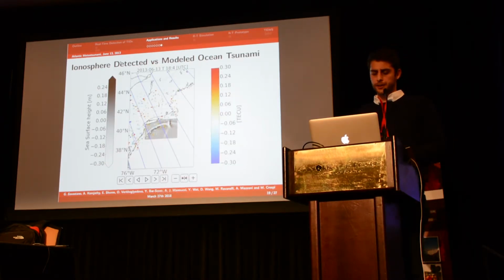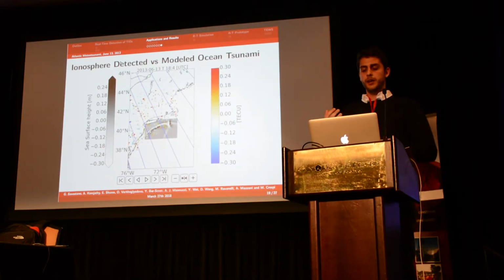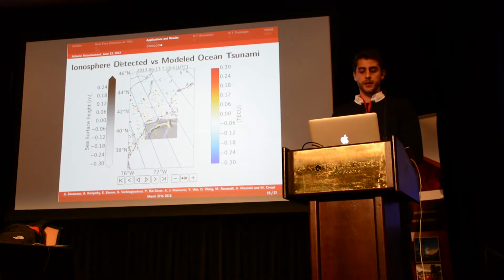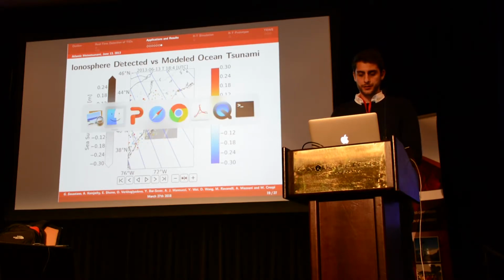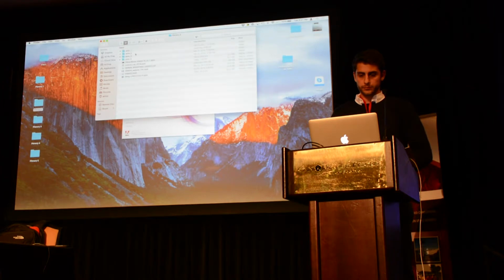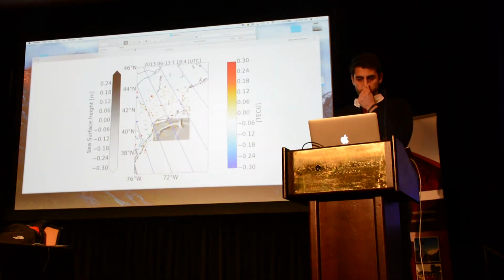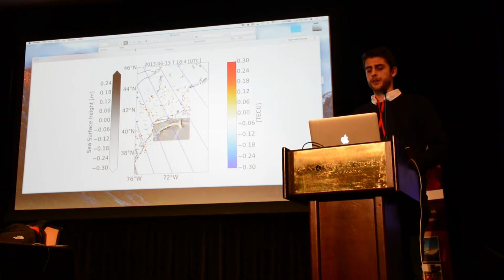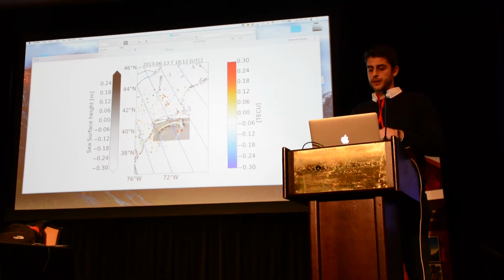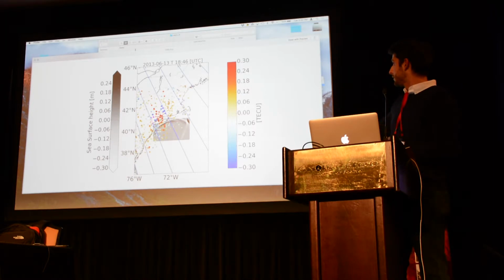Now putting it all together, the IPP and the model from the ocean. Unfortunately, on the east coast of the US we don't have as dense an array as we have on the west coast, but we can still see when the tsunami arrived at the coast.